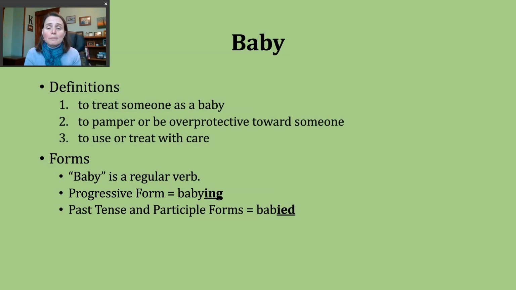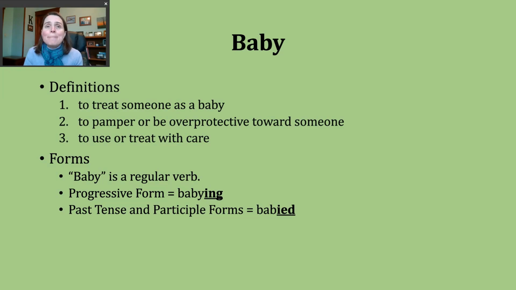We have a verb that ends in the pattern of consonant and then a Y. So anytime we're adding a suffix that begins with a vowel letter other than I, we're going to drop the Y, add an I before we add that ed ending. So you can see there the spelling of the past tense and participle form of the verb is babied.